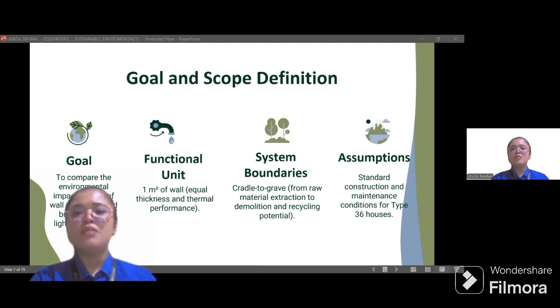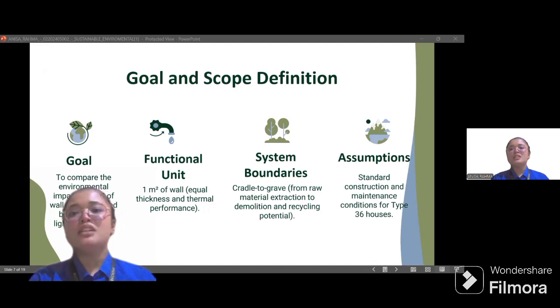We also assume that both types of material will be produced with current technology and in accordance with applicable industry standards. For example, for red bricks, we assume that the firing process will be conducted efficiently according to current industrial practice.